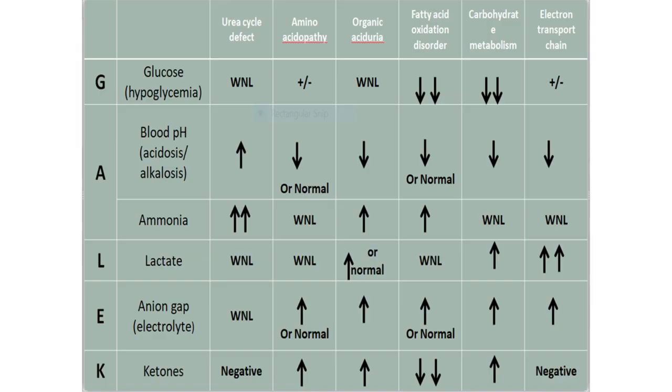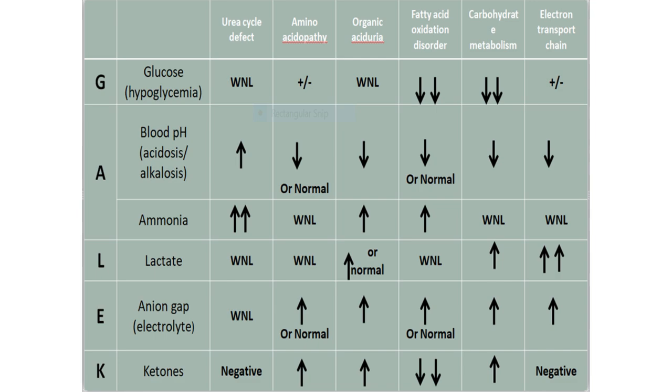For carbohydrate metabolism, there is severe hypoglycemia. Blood pH goes down, that is, there is metabolic acidosis. There is also lactic acidosis in the form of high lactate. Ammonia usually is normal. Anion gap is increased. Urine ketones are increased.